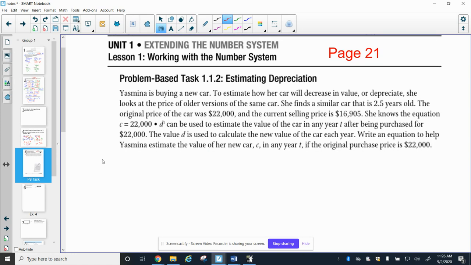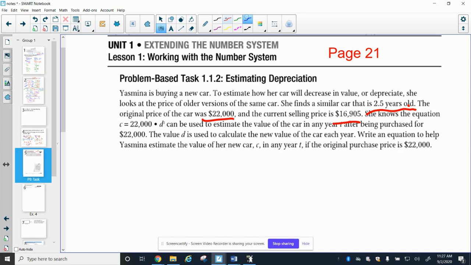It says Yasmina is buying a new car. To estimate how her car will decrease in value, or depreciate, she looks at the price of older versions of the same car. She finds a similar car that's 2.5 years old. The original price of the car is $22,000. Current selling price $16,905.